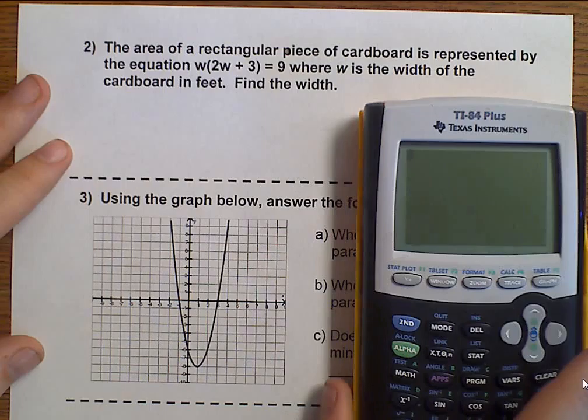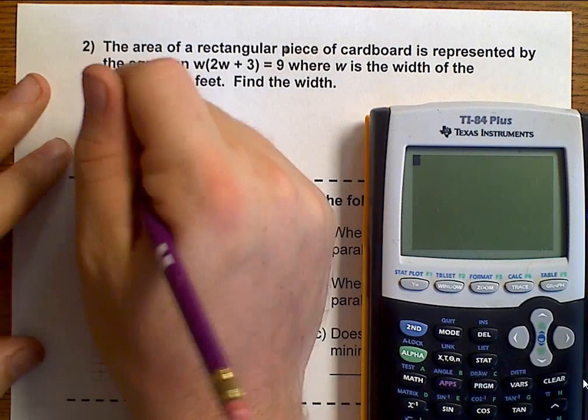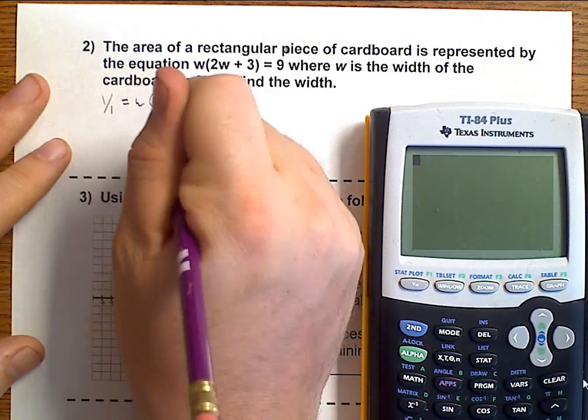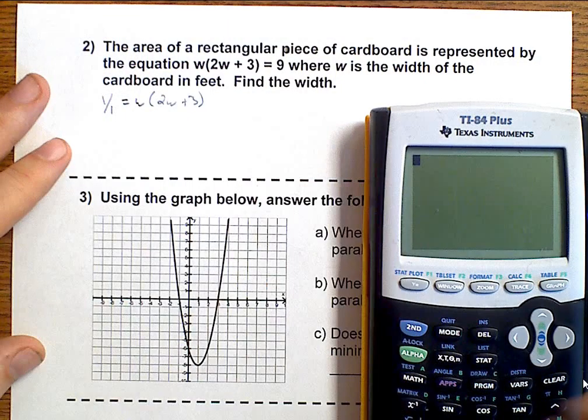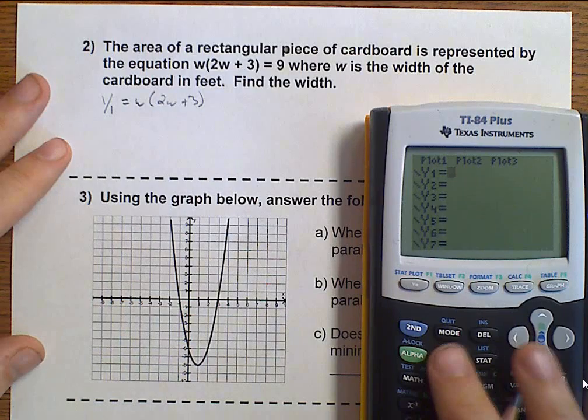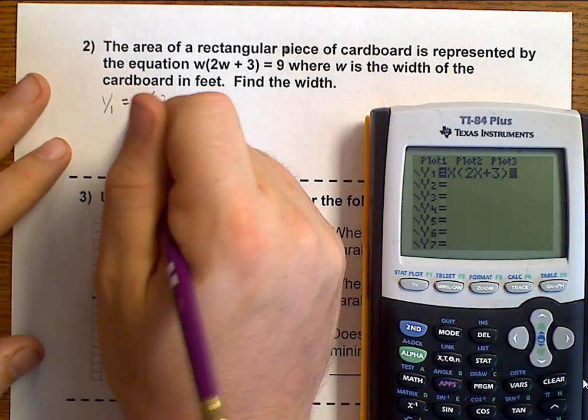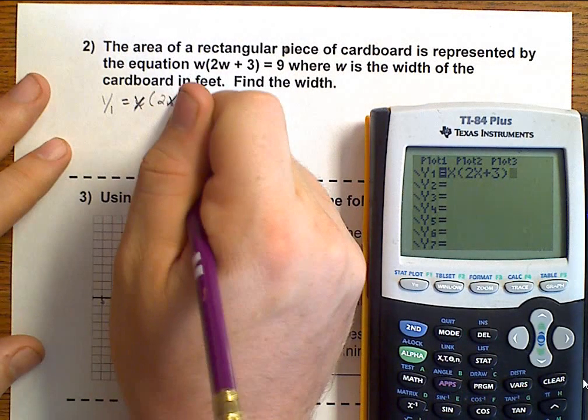So over here, we're going to put in y1 our equation, W times 2W plus 3. Y equals x, parentheses, 2x plus 3, because we need to change our w's into x's.